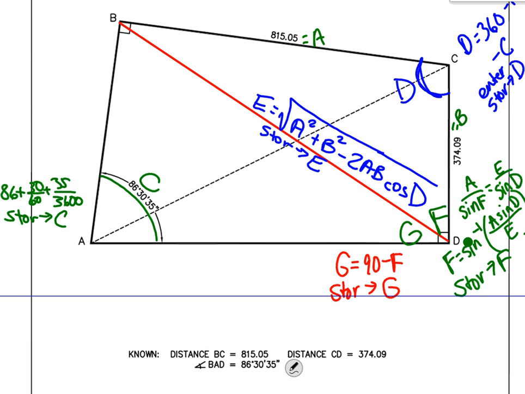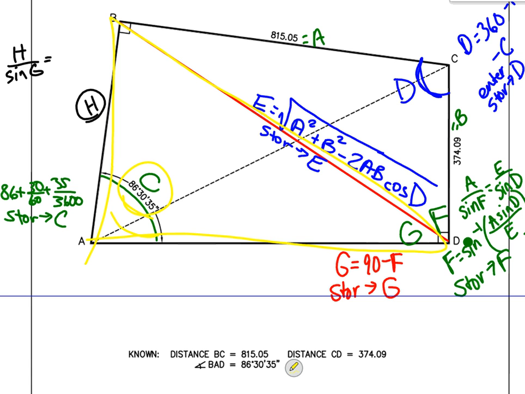So, and I'm changing colors a lot, A, B, C, D, E, F, G, H. So that's going to be this first answer, and I'm calling it H now. And I'm going to use the law of sines again. So, H over the sine of capital G equals, and on this triangle, I'll use yellow a second. On this triangle, I have this angle C that I put in there I've not used yet really for much.